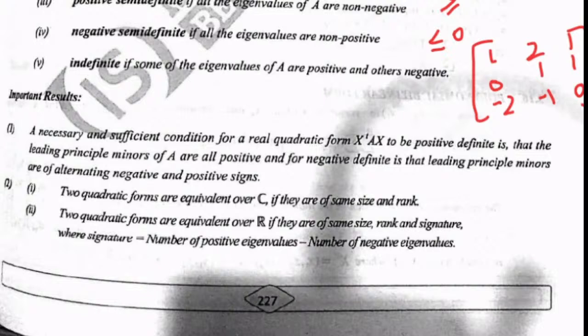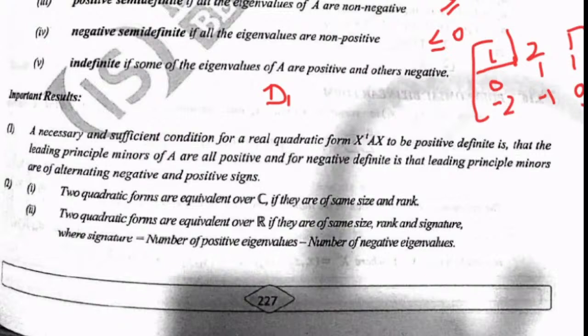So the principal minors of A: let us assume the minor of 1 by 1 as D1. Here D1 is equal to 1, which is greater than 0, so it can be positive definite.